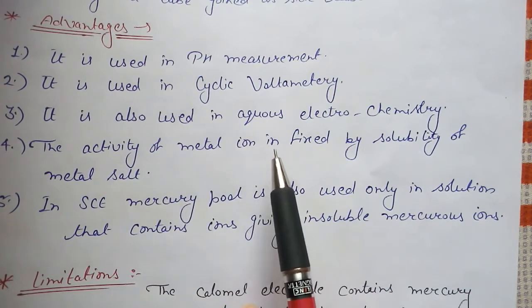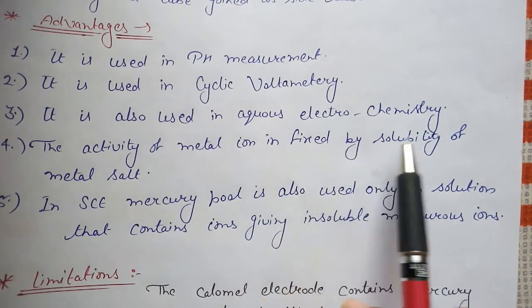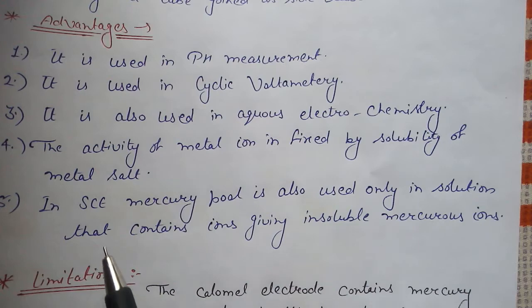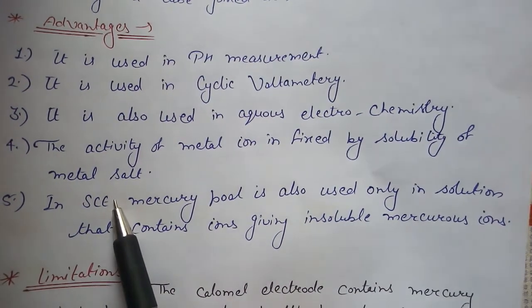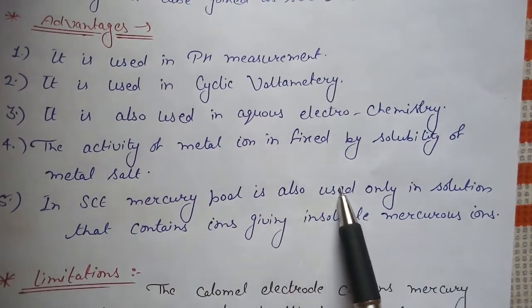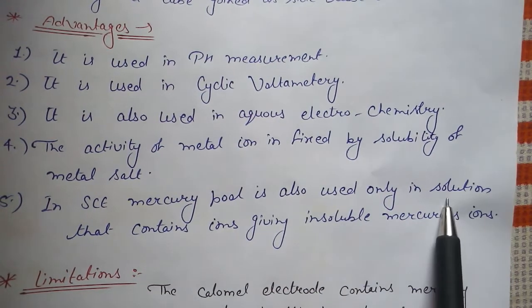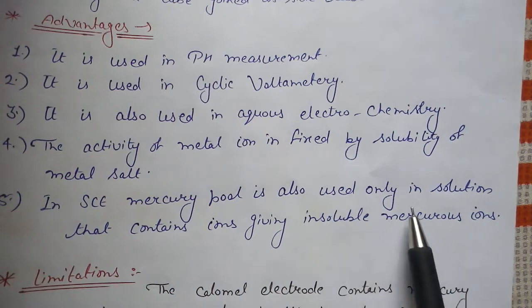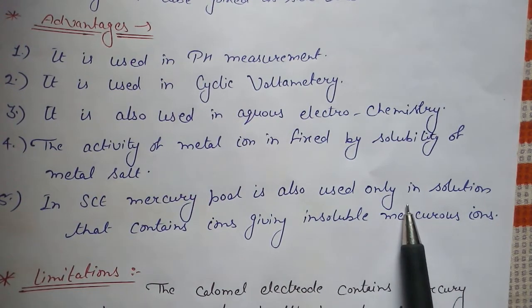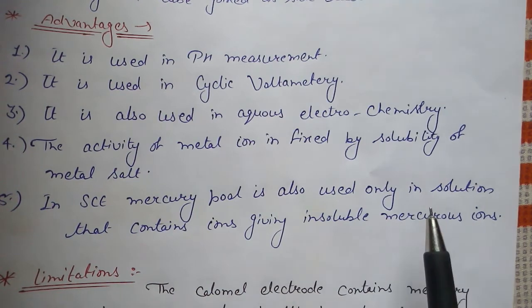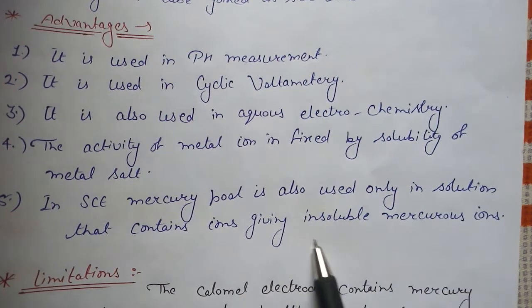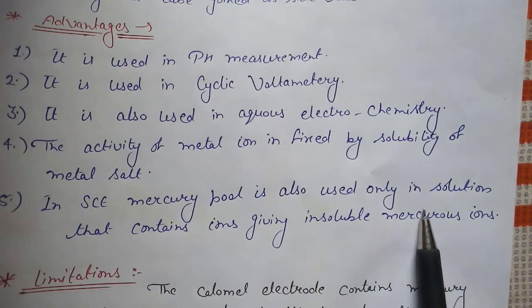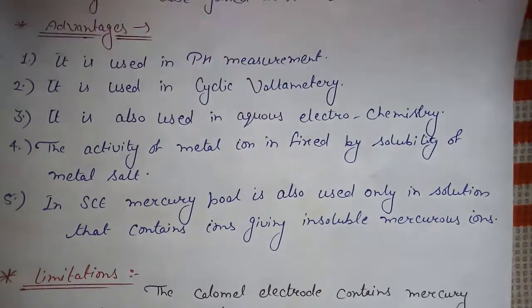The activity of metal ion is fixed by the solubility of the metal salt. In the saturated calomel electrode, the mercury pool is used only in solutions that contain ions giving insoluble mercurous salt, right? Now, what are the limitations of it?